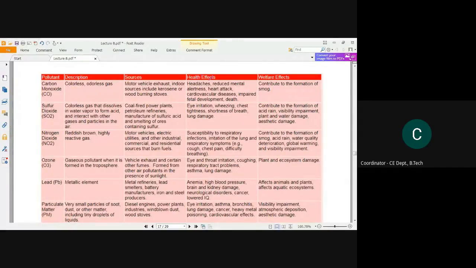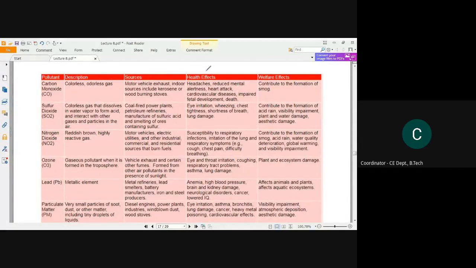The health effects are headaches, reduced mental alertness, heart attack, cardiovascular disease, impaired fetal development, and it can even cause death. And the welfare effects: it contributes to the formation of smog. Welfare effects mean what it does to our total environment or the society, the part where we live. So this is the welfare effect and this is the health effects.